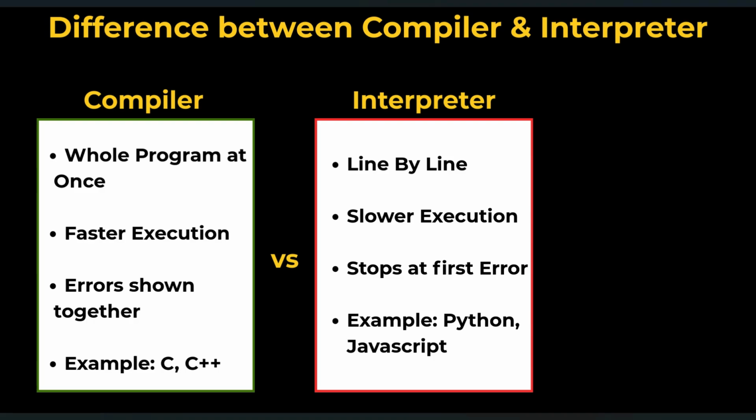Interpreters are slower because translation happens during the execution. In a compiler, all the errors are displayed at once, but an interpreter stops at the first error. C is a compiled language, which is why it is fast and efficient.